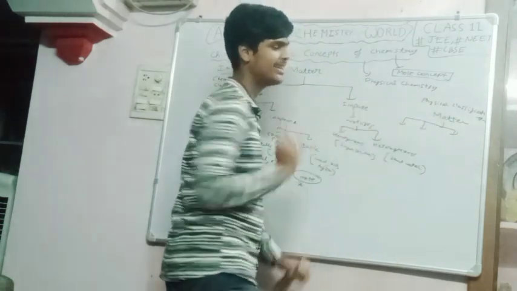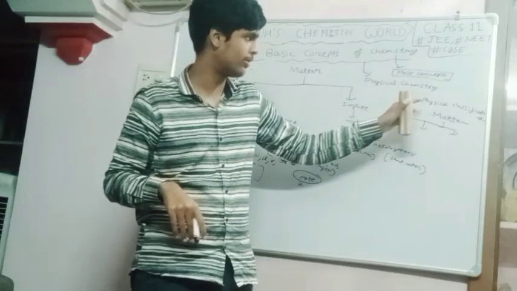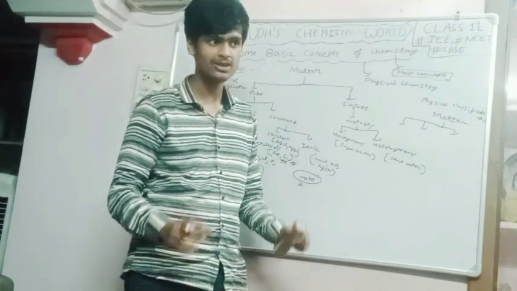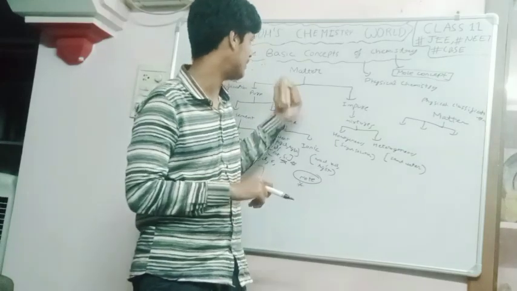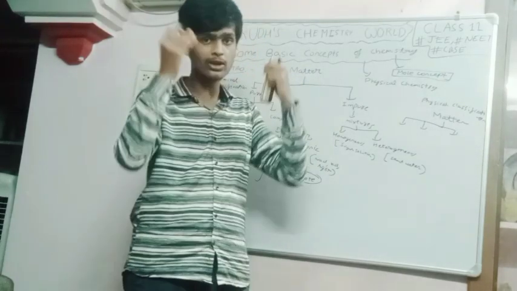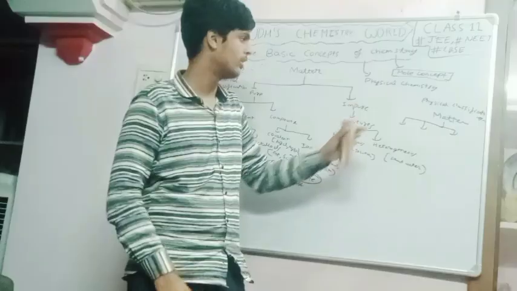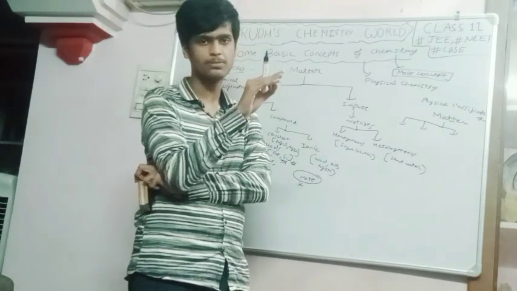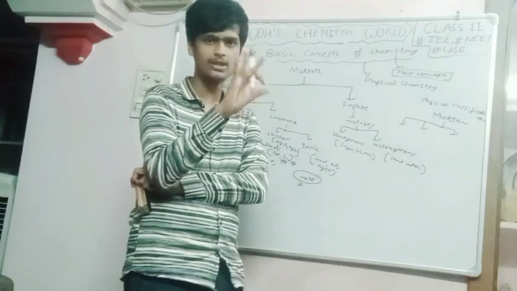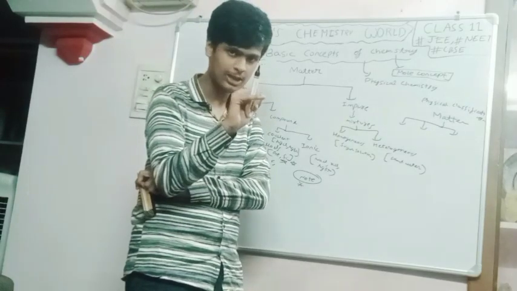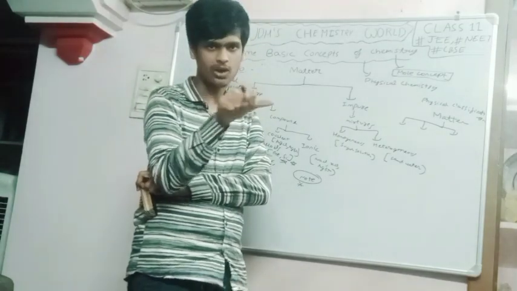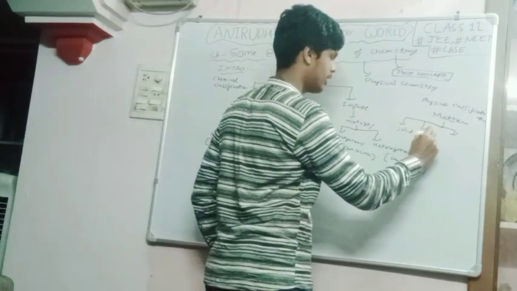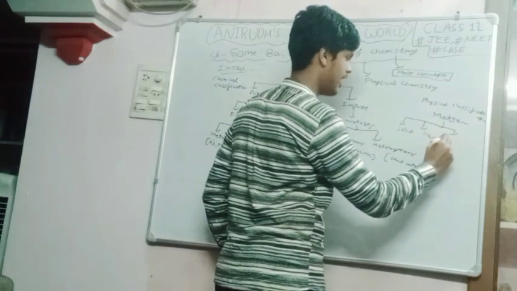The matter which you see around you upon physical classification, physically means which you will be able to see. In chemical classification you are unable to see with your eye. This matter in physical classification is of 3 types, which you will be seeing in day-to-day life. First one is solids, second one is liquids, then gas. Solid, liquid, gas. That's only solid, liquid, and gas.